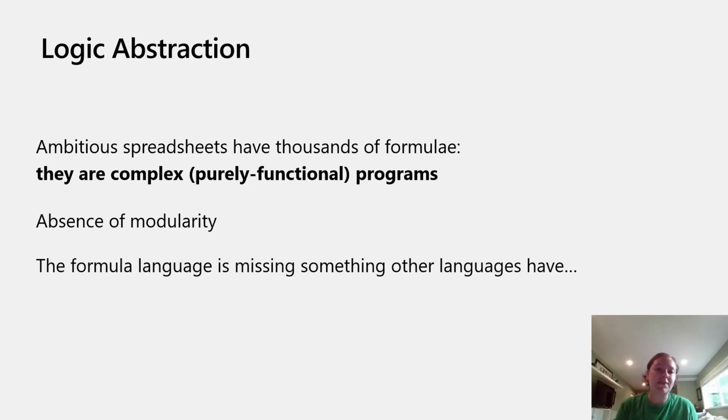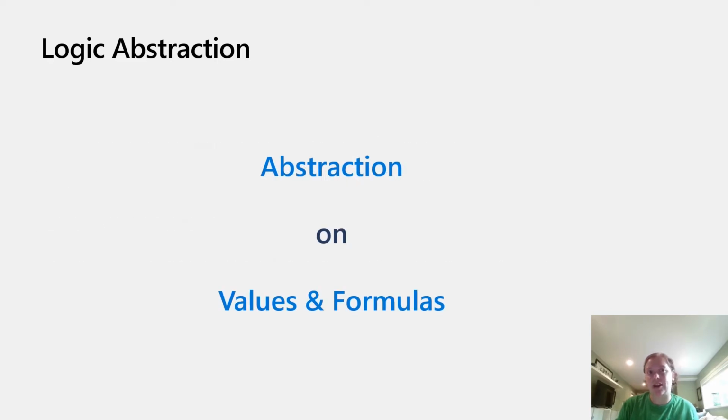The reason for that is that up until now, the formula language has been missing something that a lot of standard programming languages have, and that's abstraction. Abstraction can happen on values, and it can happen on formulas. We're going to break that down a bit because the way that you would think about values and formulas has some different implications for how you might do things in your workbooks.